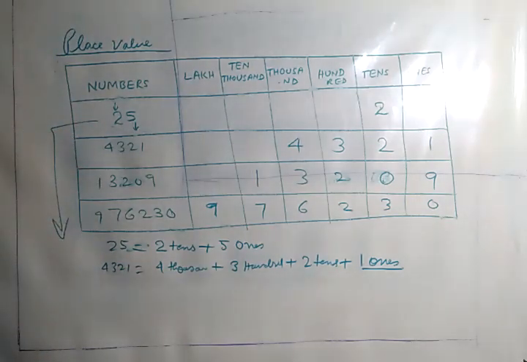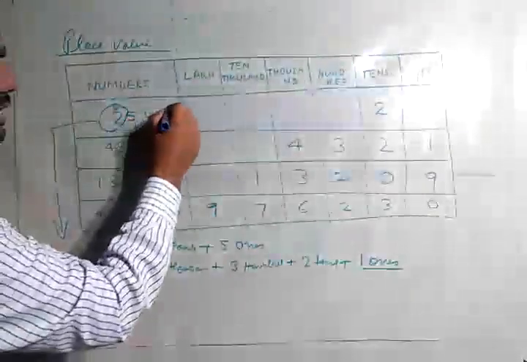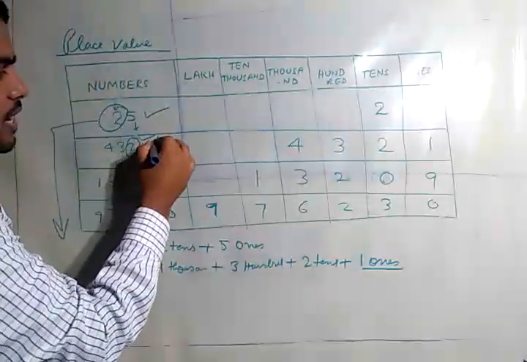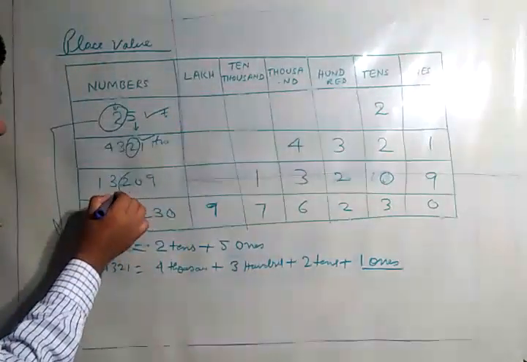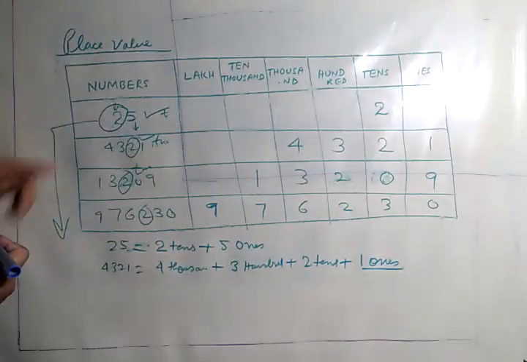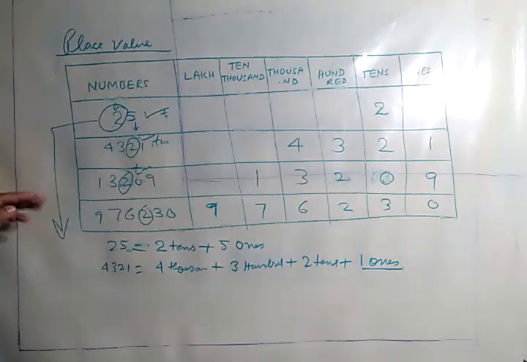Now there is another term that is called face value. Face value means a 2 will always be called 2 everywhere. Here it will be called 2. Here also you will read this as 2 only, right? Here also you are going to read this as 2. Everywhere, wherever you see the same symbol, the same digit, you will call it 2. That means a digit can have different positions, but its face will remain the same.